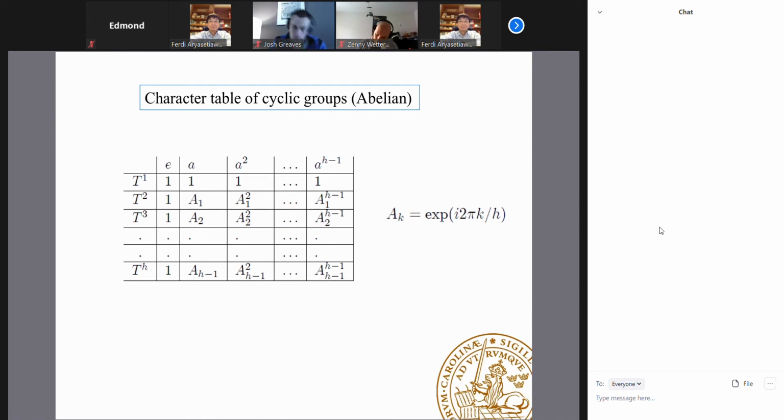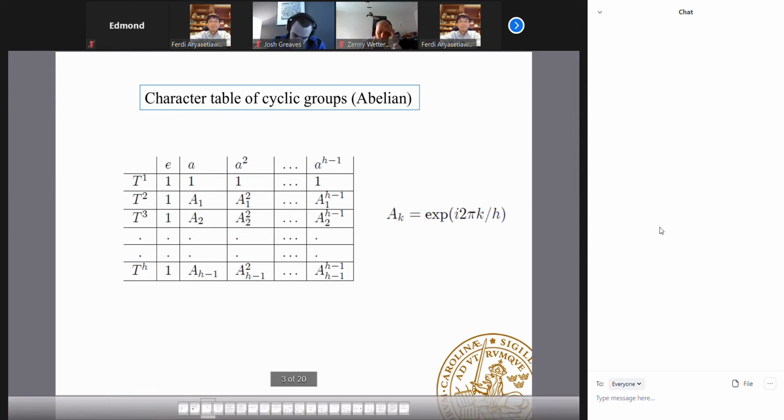The cyclic groups are also abelian. So we recall that a cyclic group means that the elements can be generated from a single element. So in this case, we take A here, then all the elements are just the power of this element. So that A to the H, where H is the order of the group, or the number of elements in the group, is equal to 1, or E.